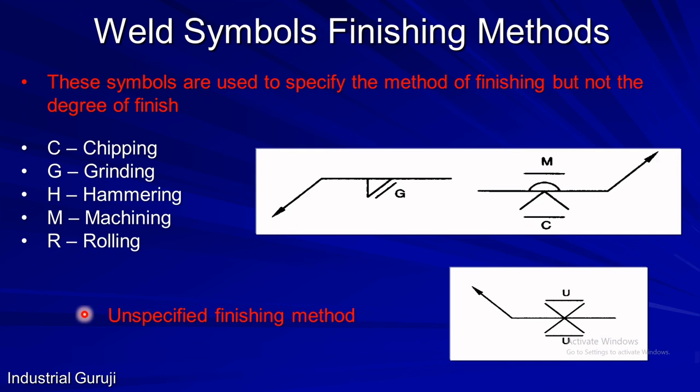Like here, the root side is to be made flat with machining, so the flat contour symbol with letter M is used. Remember friends, these symbols do not specify the degree of finish. For unspecified finishing methods, letter U is to be used. As now we have seen elementary welding symbols and supplementary welding symbols, let's take some examples of weld symbols.